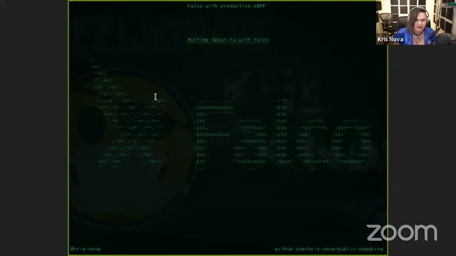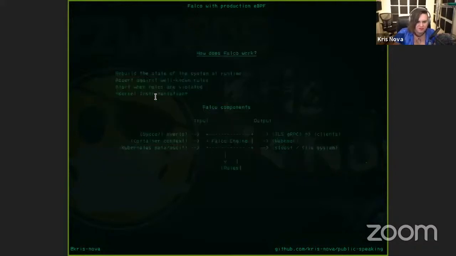Let's talk about the technical implementation of Falco. How does Falco work? That's a good question. I've broken it down into 4 main things that Falco does, but let's really get into it here. So it rebuilds the state of the system at runtime.